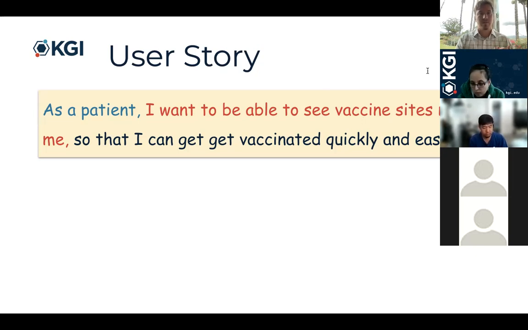They wanted to see what's actually walkable or what's within a couple miles from me. And so what we did is we made everything location based. If someone put in their zip code, they could see very quickly what's around there. And in fact, because we saw that that was so important, when we built the zip code search, we made it something where they didn't even have to click submit.